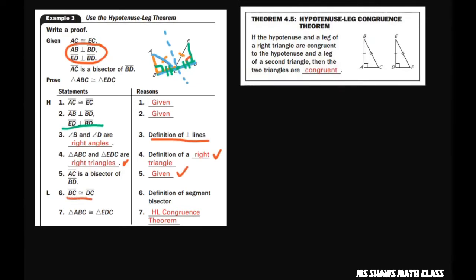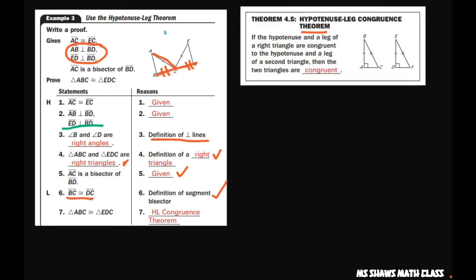We already went over this. Since AC is a bisector of this line, it means these two sides are congruent. So that's the definition of segment bisector. It's just like the midpoint. Therefore, by our hypotenuse leg congruence theorem, the triangles are congruent.